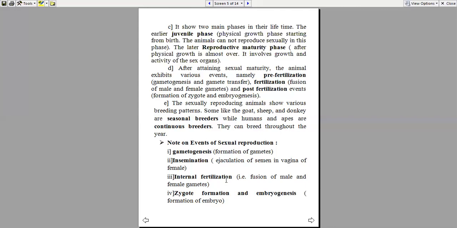Here we are going to study about the fusion of male and female gamete, or the process of fertilization. Next topic is zygote formation and embryogenesis. Here it deals with the formation of zygote after fertilization and formation of embryo, that is different events or phases of formation of embryo.